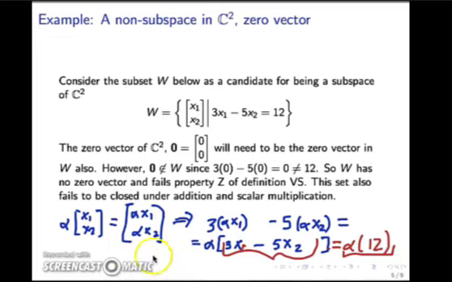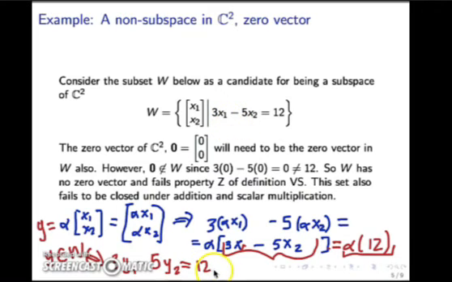The way of thinking of this is that alpha times x1, x2 is equal to a vector y, and we want to verify whether y is in W. The only way that y is in W is if 3y1, being alpha x1, minus 5y2, being alpha x2, is exactly equal to 12.